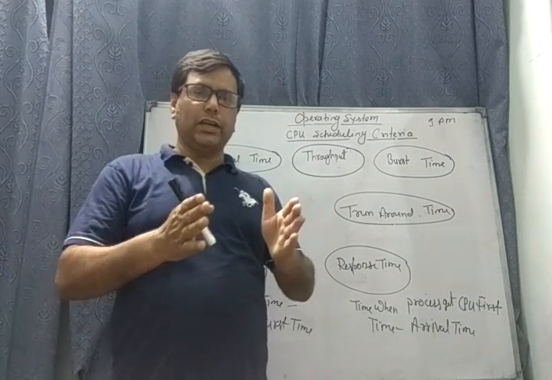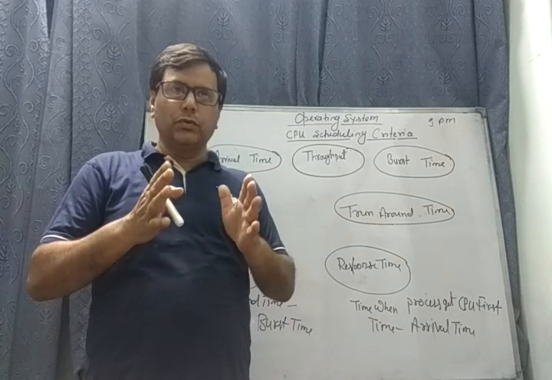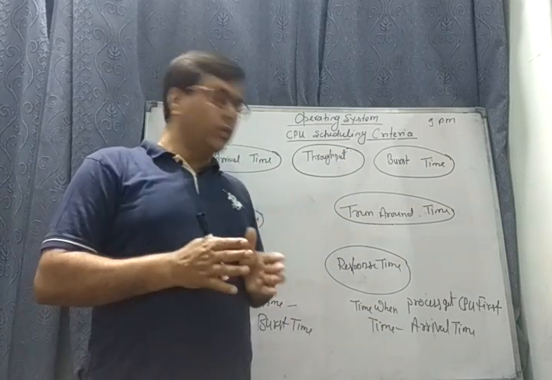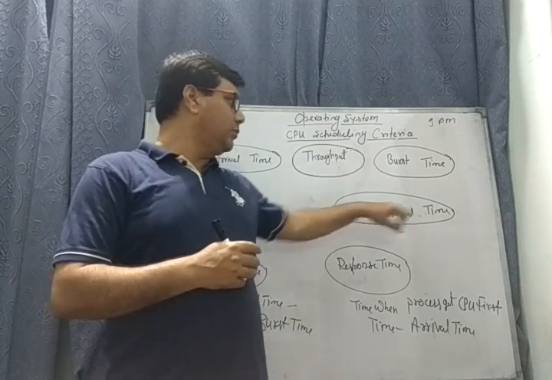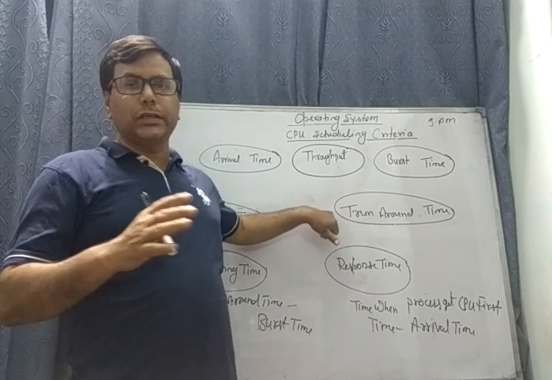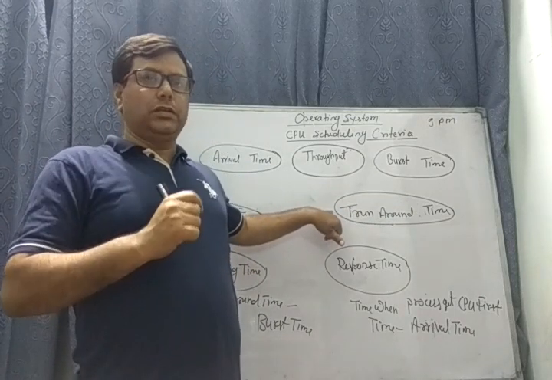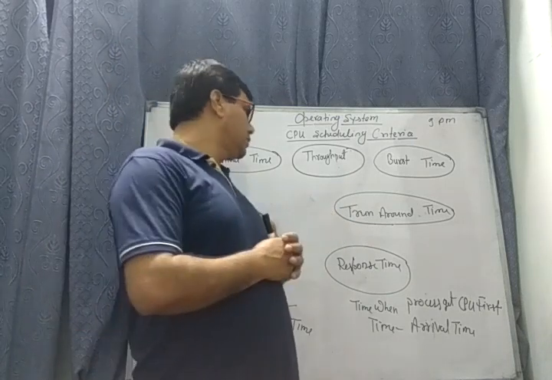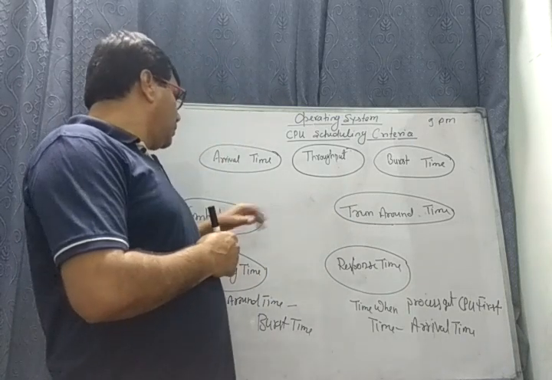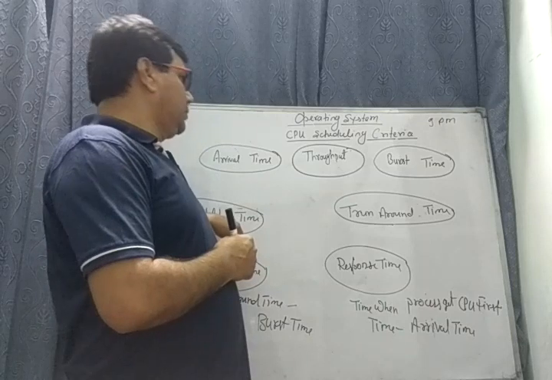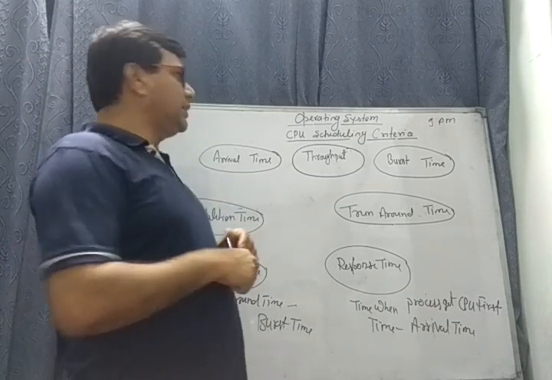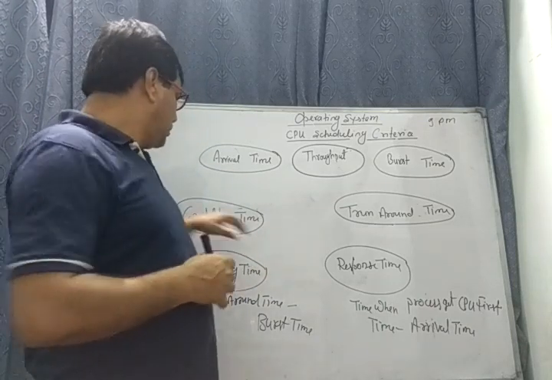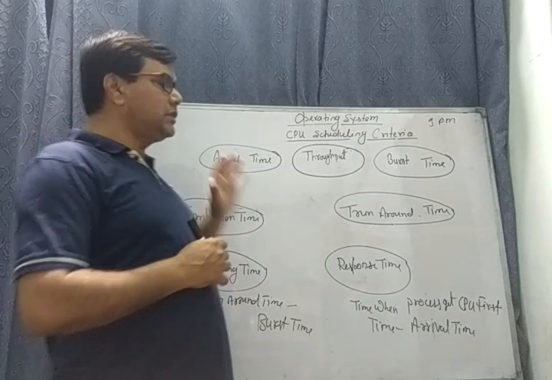Then the total time taken is known as the turnaround time, and note that it is a time duration, and you can find it by completion time minus arrival time.